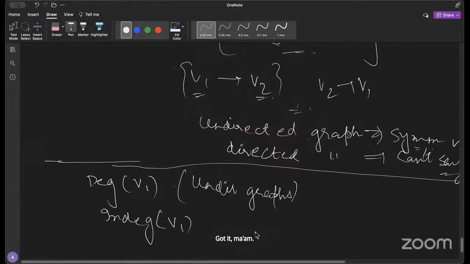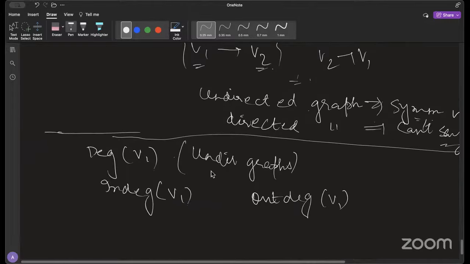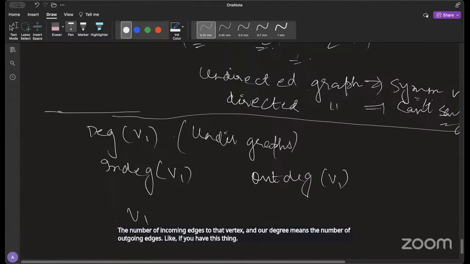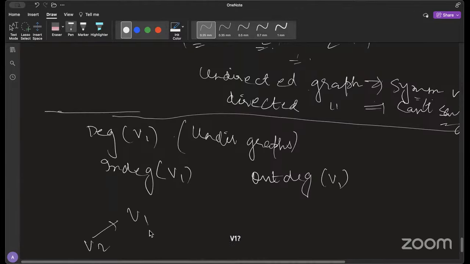And then we have in degree and out degree, in degree of a vertex and out degree of a vertex. In degree means the number of incoming edges to that vertex, and out degree means the number of outgoing edges. Like if you have this thing, V1, then the in degree is the number of incoming edges.